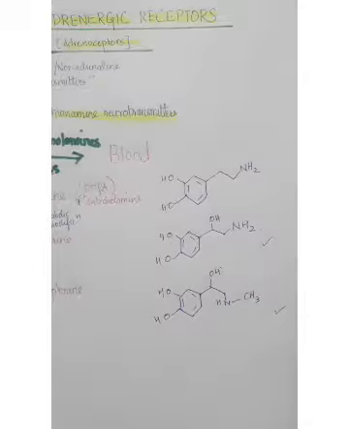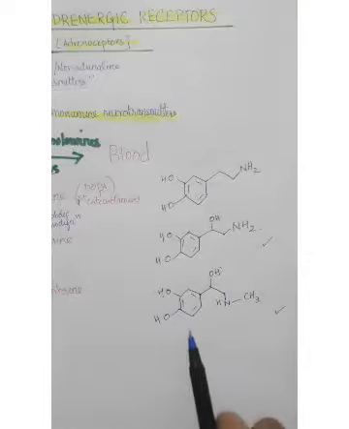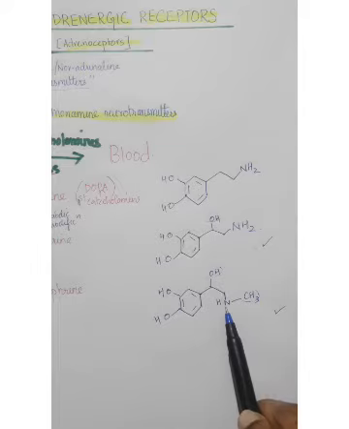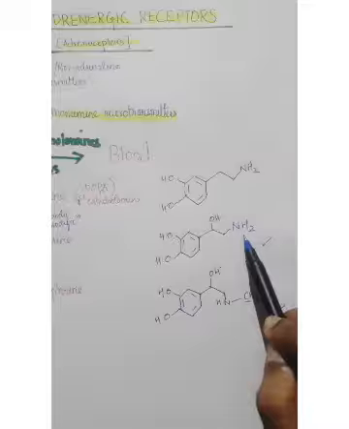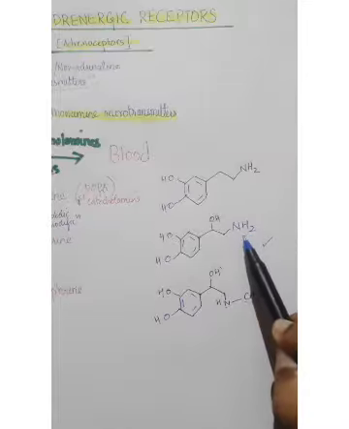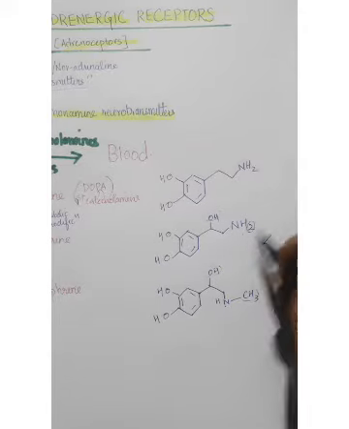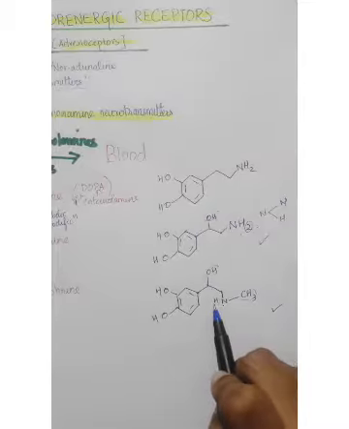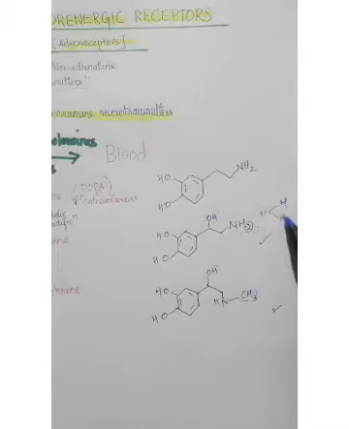Now the difference between norepinephrine and epinephrine is that epinephrine has a methyl group attached to the nitrogen. Whereas in norepinephrine, the methyl group is replaced by a hydrogen, so it becomes NH2.